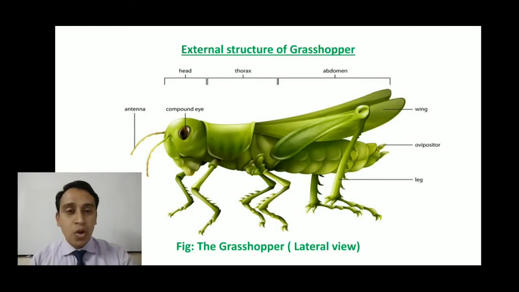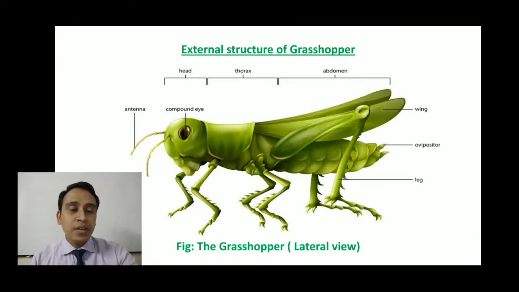The body of grasshopper is covered by a chitin-made cuticle. Now the secretion of the exoskeleton forms a hard plate in every segment of the body, which is called scleroid, and the joinings of scleroid are covered by a soft membrane, which is called suture.